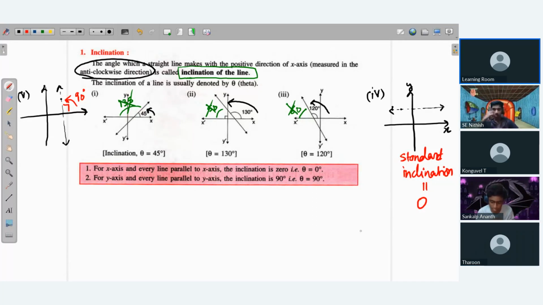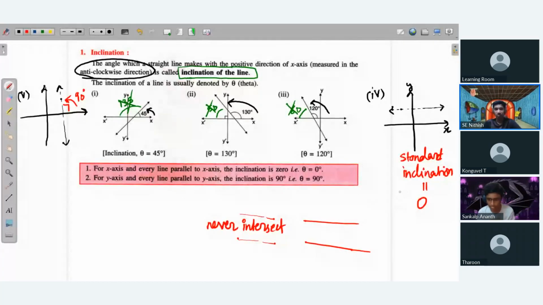If two parallel lines are there, what is the angle between them? In order to have an angle between them, they need to intersect. But they never intersect. Therefore, we say that it is of 0 degree inclination. Understood? Yes, sir. Okay.